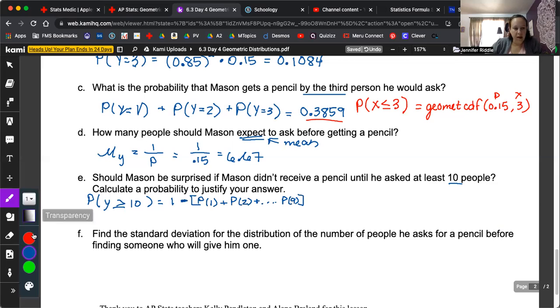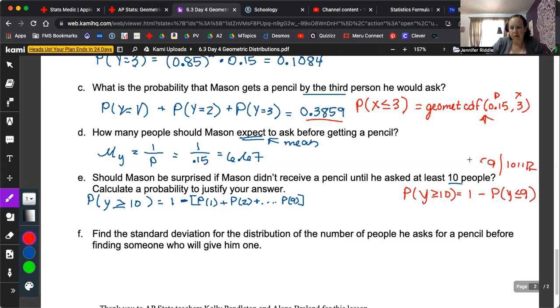If we're thinking about how we can enter that into the calculator, we're ultimately looking at the probability of y being greater than or equal to 10, which would be 1 minus the probability of him being less than or equal to 9. Thinking in that number line, if I have 10, 11, 12, and then 9, 8, 7, I just really need to know this probability.